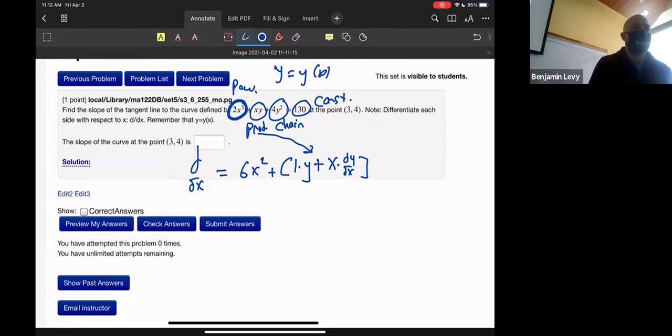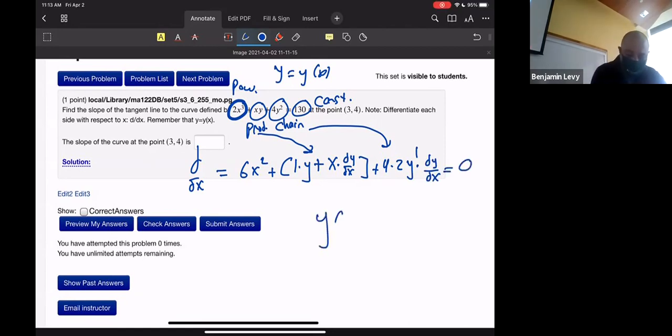So that's right. And then the chain rule is going to be bring down the power, subtract 1 off the power. So you do the power rule, but then you need to multiply by the derivative of the inside piece.